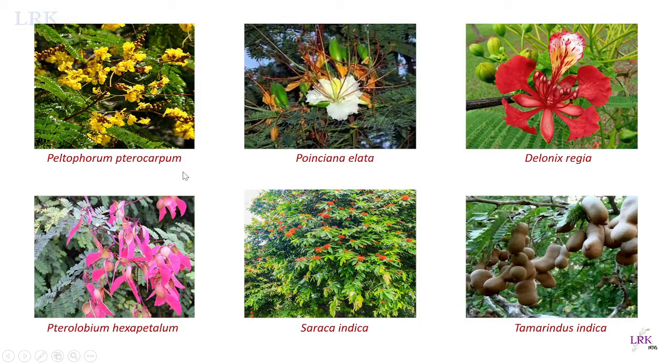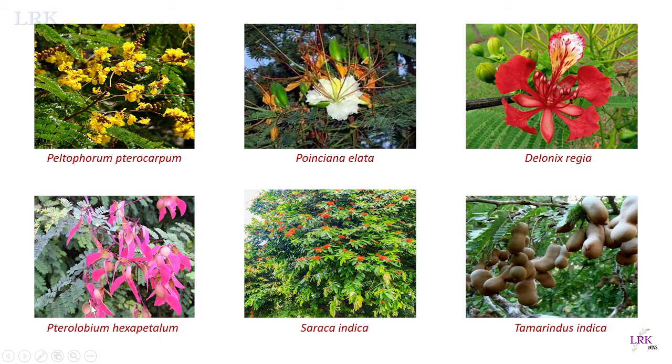Okay, so this is Peltophorum pterocarpum, in Telugu Kondachinta, and in Hindi Pila gulmuhar. This one, Poinciana elata, in Telugu we call Tella Turai, and in Hindi Vekaran. And this one is Delonix regia. We call it Erraturai, and in Hindi Gulmuhar.